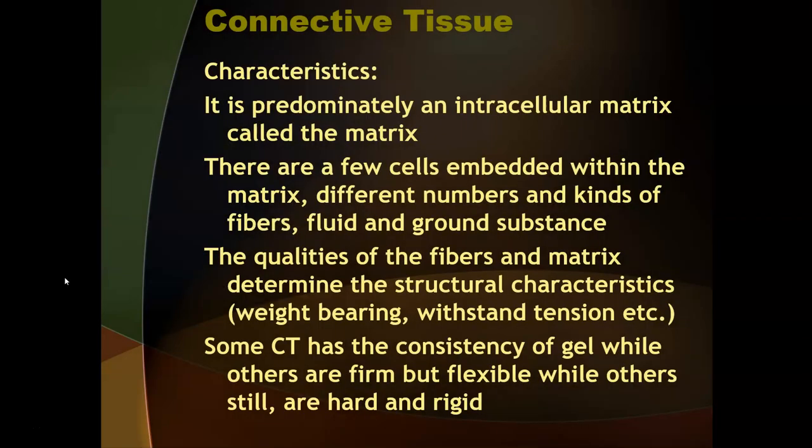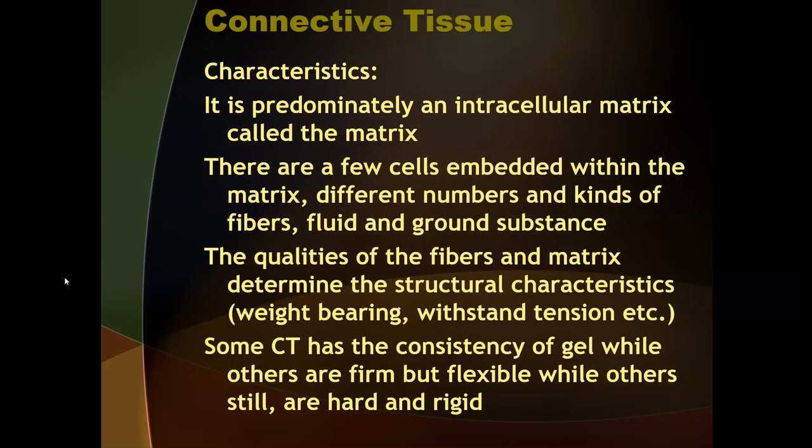Connective tissue is slightly different in that there are cells obviously in connective tissue, but we're actually spending a little more time in defining connective tissue by the intercellular matrix. In other words, the space between the cells and the tissue. And connective tissue is predominantly that intercellular matrix, called the matrix. So where epithelial tissue is all about cells, we're going to discover that connective tissue is all about the matrix and what's in the matrix.